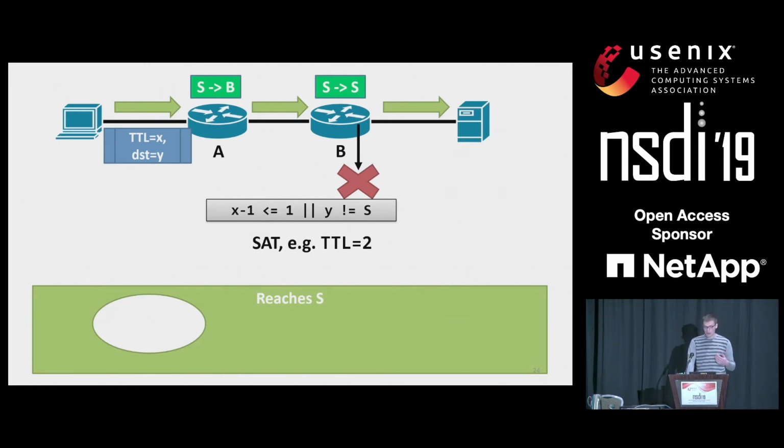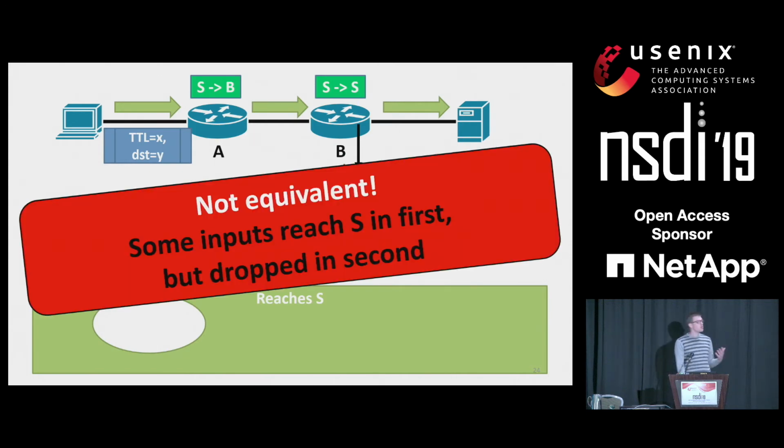And furthermore, it will output an example packet which will go down this path. So this means that these two topologies are actually not equivalent, since some inputs will reach the server in the first example, but will get dropped in the second one.